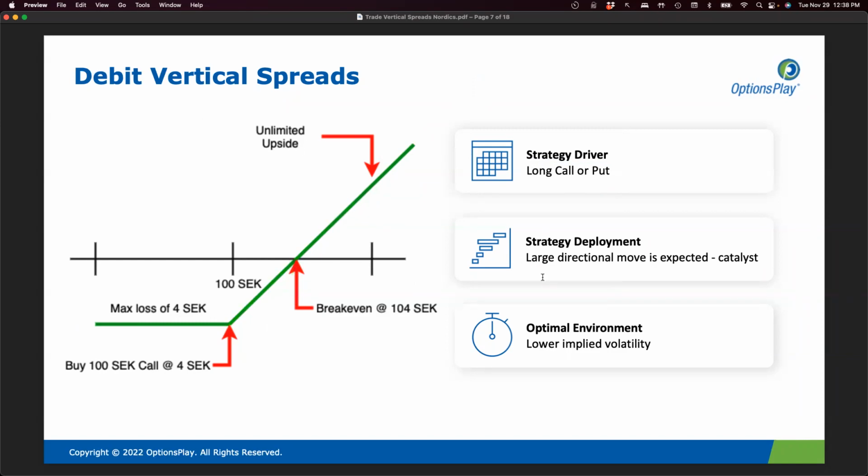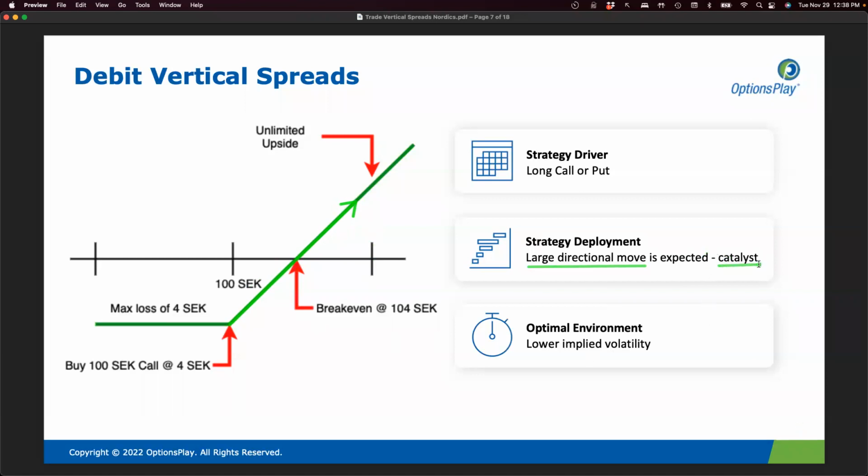Now, a long call or put is suitable only for a large directional move, because you need the stock to move beyond the cost of the option premium before you turn a profit. So you have to believe the stock is going to make a fairly substantial move in order for it to make sense to buy a call option.